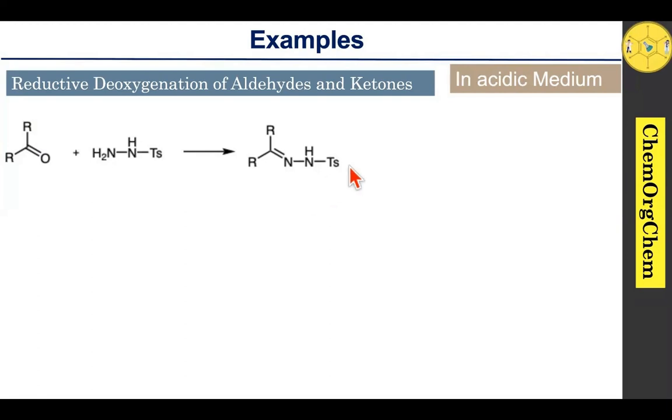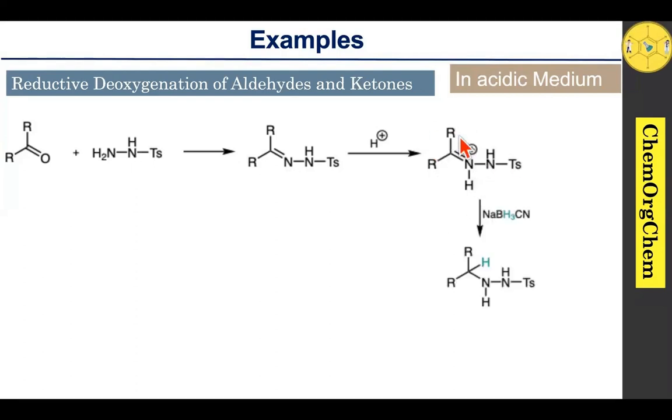After the reaction, you will get the corresponding tosyl hydrazones. In these tosyl hydrazones, in the presence of acid, this nitrogen is readily protonated, so you will get the protonated form. After that, sodium cyanoborohydride quickly reduces this center, and you will get this intermediate.